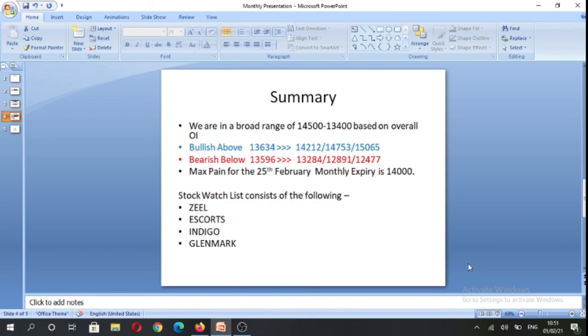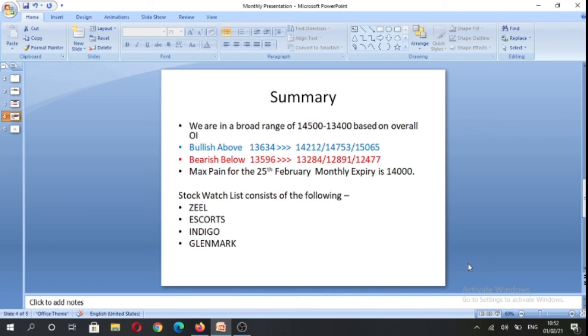So above 13,996, we would be in a situation of full time frame continuity to the upside with all the time frames coming under control of buyers. And on the flip side, we would be bearish below 13,596 levels, where on breaking of those levels, it can potentially trade towards 13,284, 12,891, and potentially 12,477 levels.